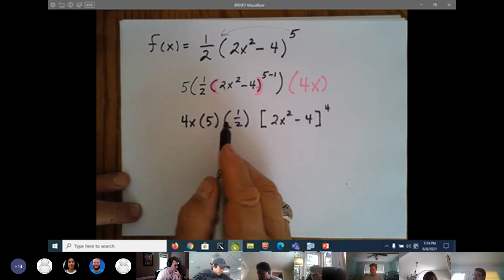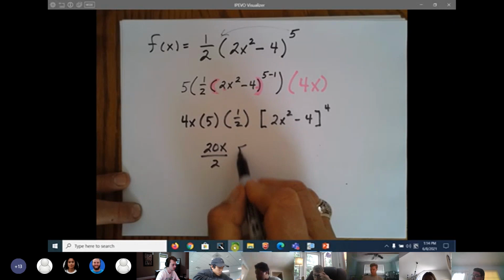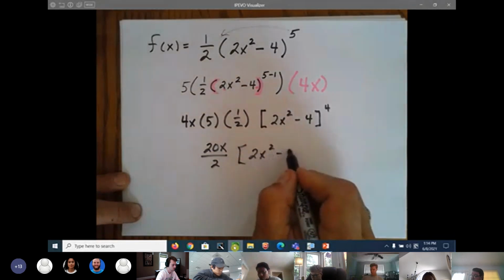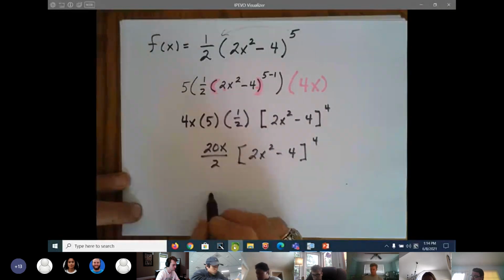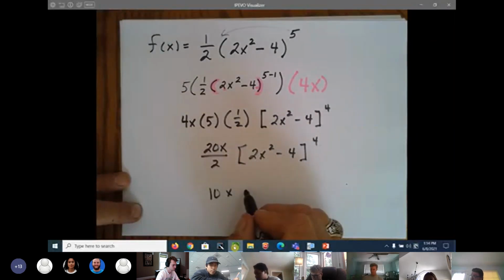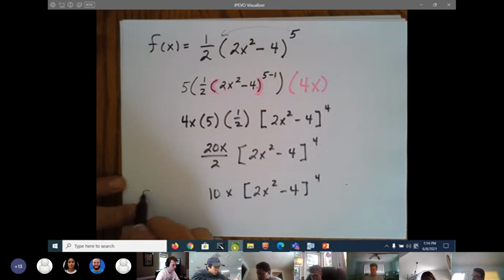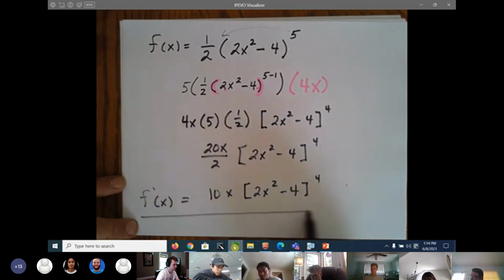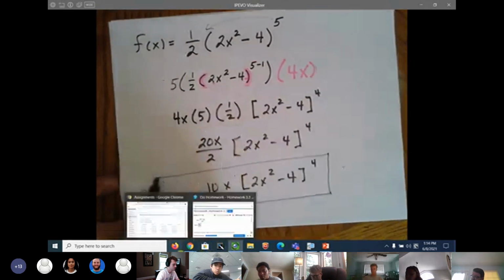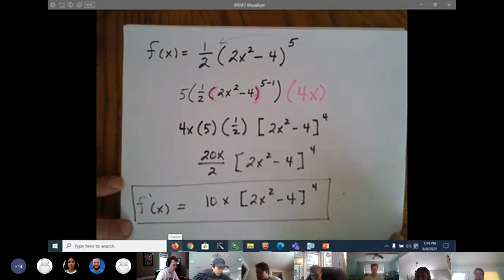That gives 20x over 2 times (2x squared minus 4), and 10x times (2x squared minus 4) to the 4th power. And that's how you do the chain rule.